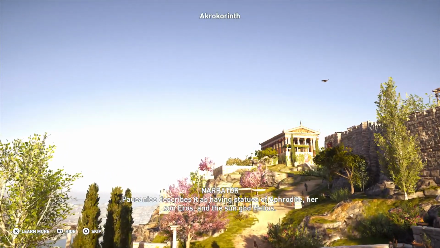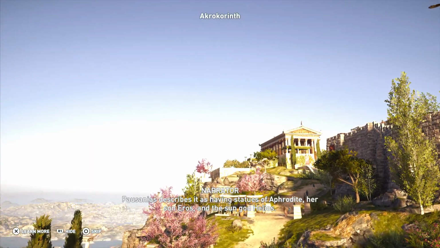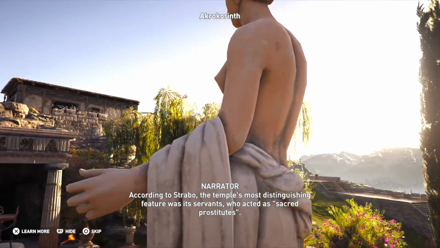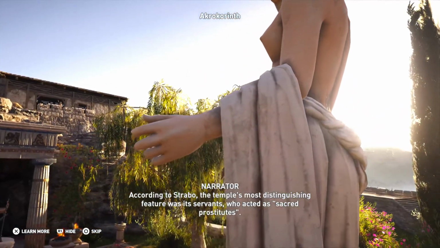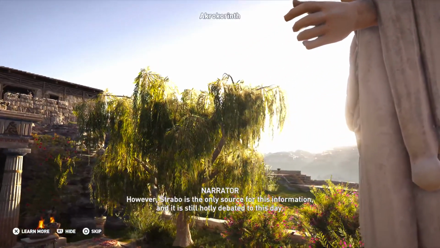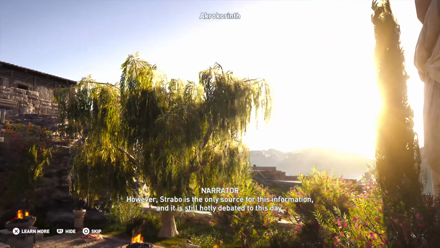Pausanias describes it as having statues of Aphrodite, her son Eros, and the sun god Helios. According to Strabo, the temple's most distinguishing feature was its servants, who acted as sacred prostitutes. However, Strabo is the only source for this information, and it is still hotly debated to this day.